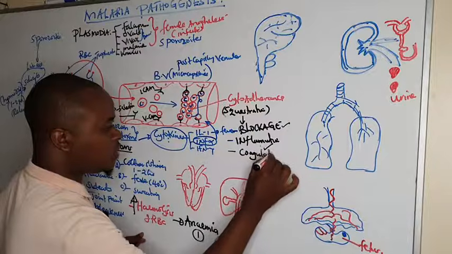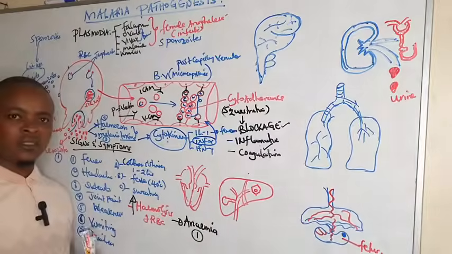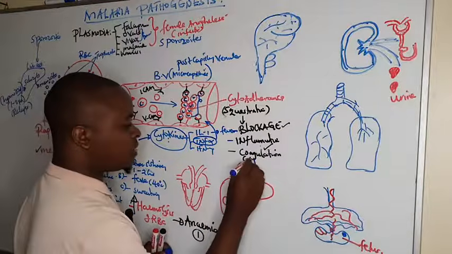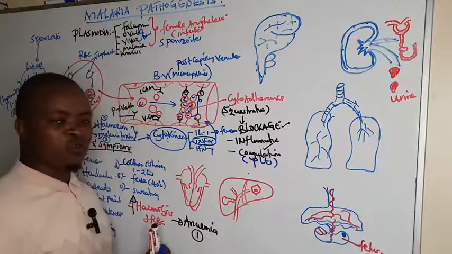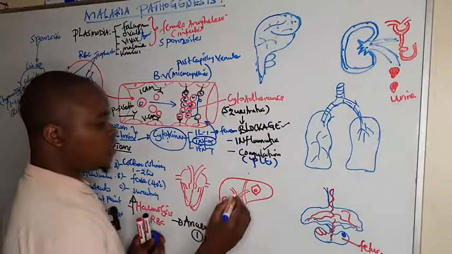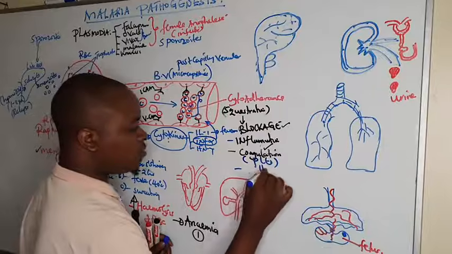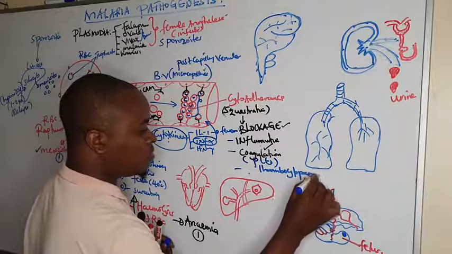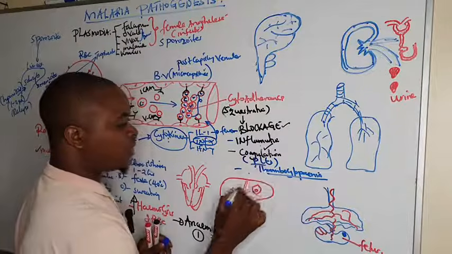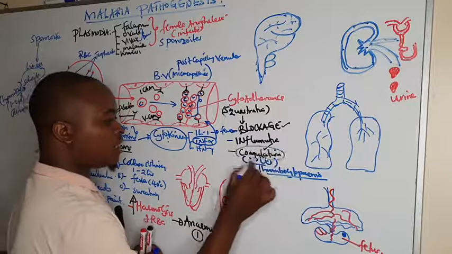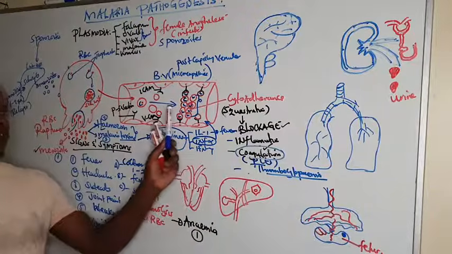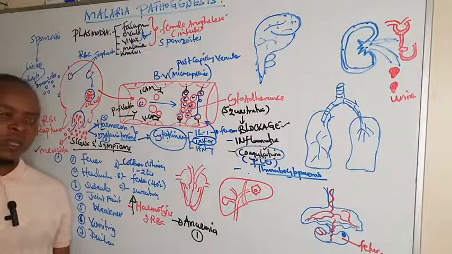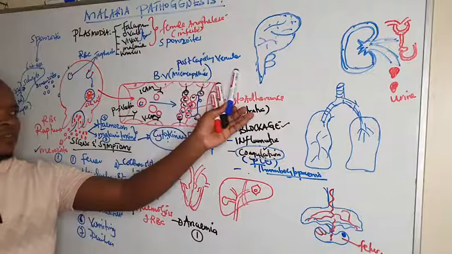So it is going to trigger coagulation, that is blood clotting. And this coagulation involves the use of platelets. So platelets are going to be used up, leading to a condition known as thrombocytopenia. So we are going to see thrombocytopenia in malaria as a complication due to the coagulation cascade triggered after the sequestration or the cytoadherence due to the blockage of the smaller capillaries and the postcapillary venules.